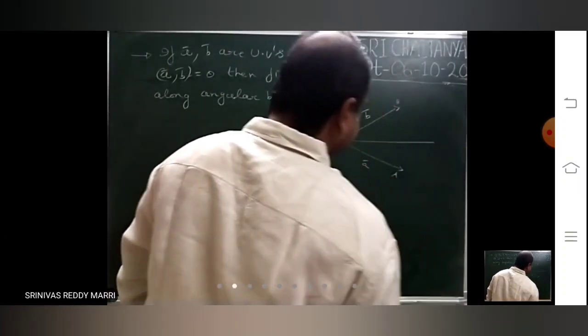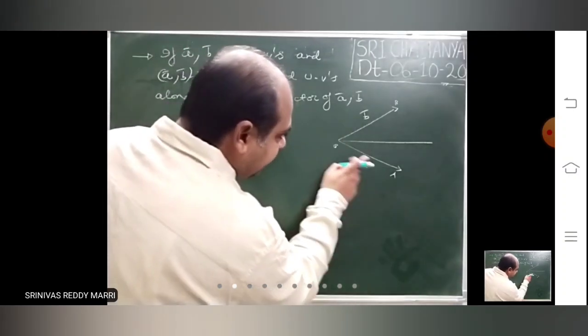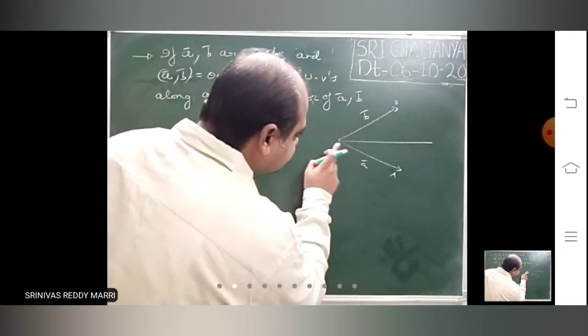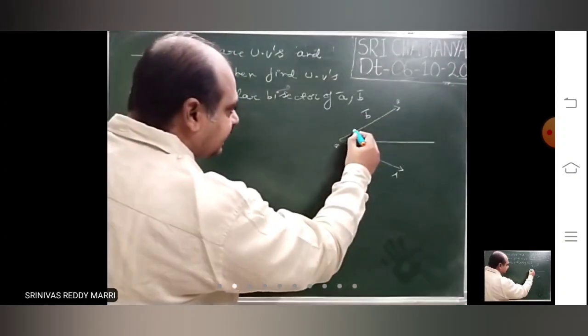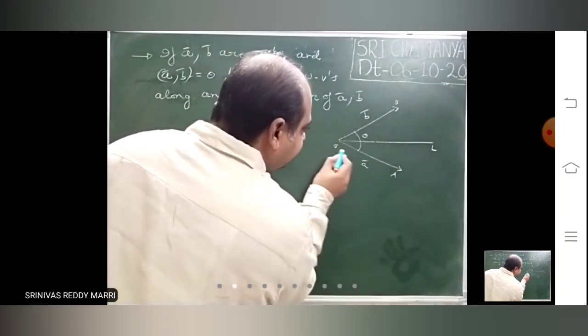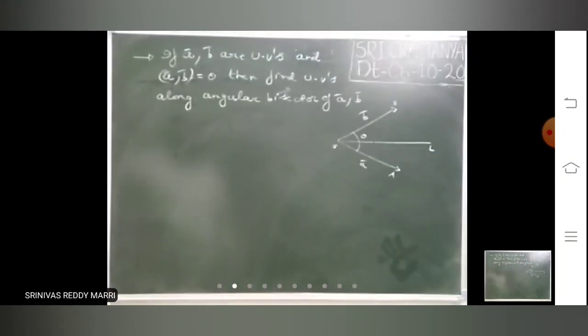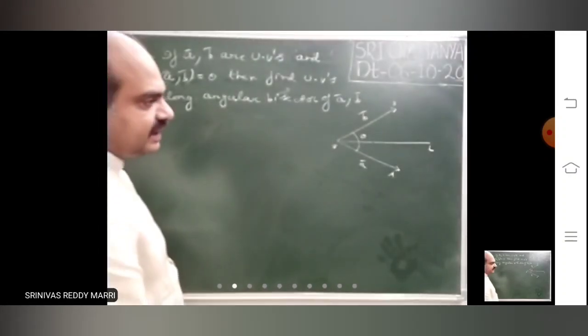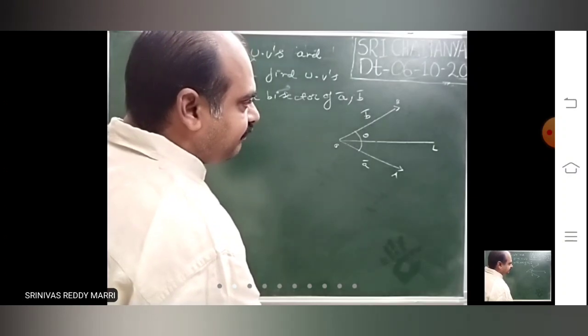Along the angular bisector means we have already discussed. If A cap unit vector is this side and B cap is this side, the angle is theta. He is asking for the unit vector. What is the formula? Plus or minus A cap plus B cap divided by modulus of A cap plus B cap.